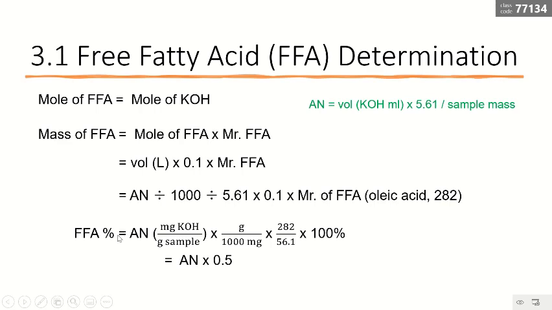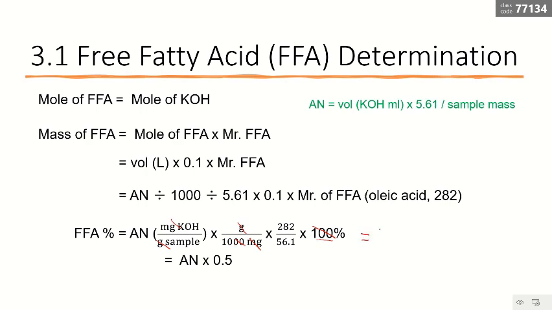If we continue to simplify all these units, gram and gram go away, milligram goes away. You know this 100, right? This 100 over 1000, if we cancel the 20 here and 20 here, there will be 10.